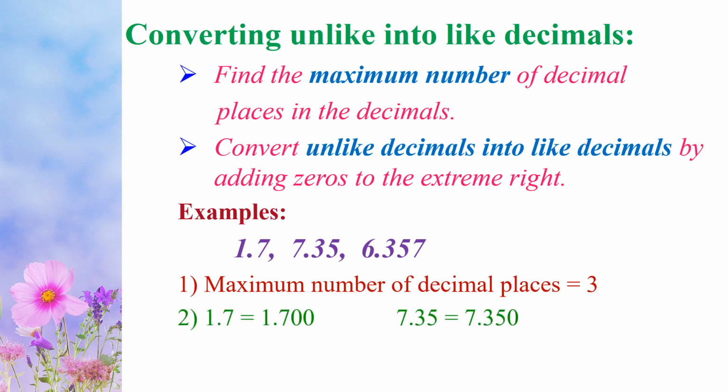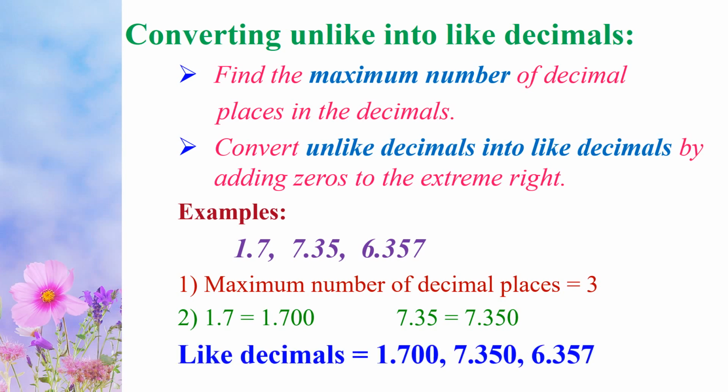The first one, 1.7, has only 1 digit in the decimal part, so we add 2 zeros. The second decimal has 2 decimal digits, so we add only 1 zero. Therefore, the like decimals are 1.700, 7.350 and 6.357.